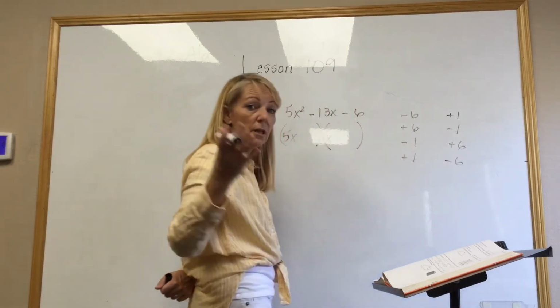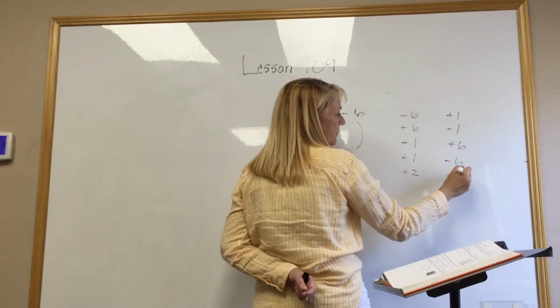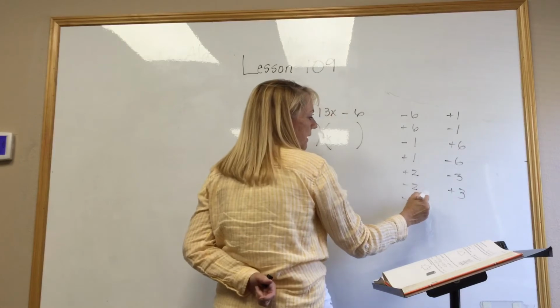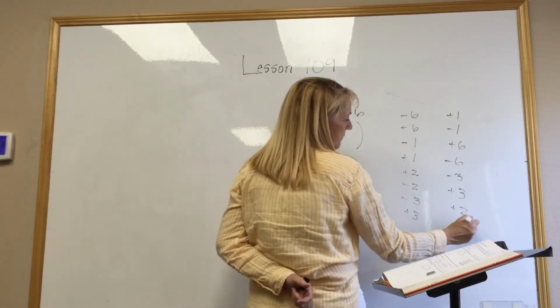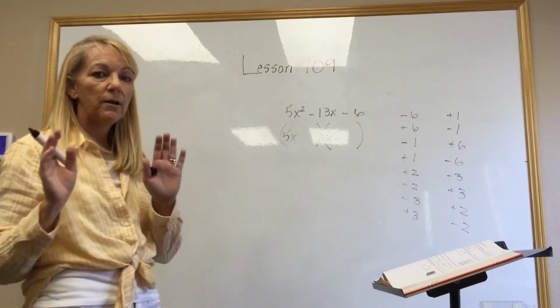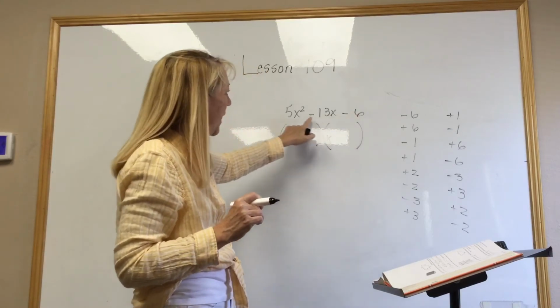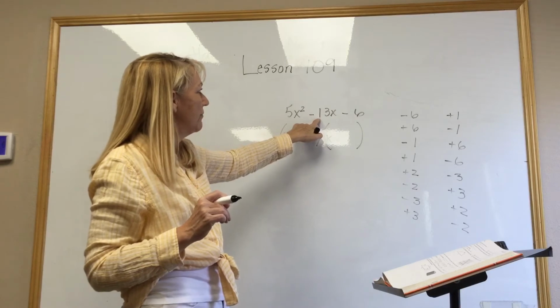Then we have the 2's and the 3's: positive 2 times negative 3, negative 2 times positive 3, negative 3 times positive 2, and positive 3 times negative 2. Whew. All of these multiplied together will get negative 6. But when you multiply it out and add them up, how do you get negative 13?